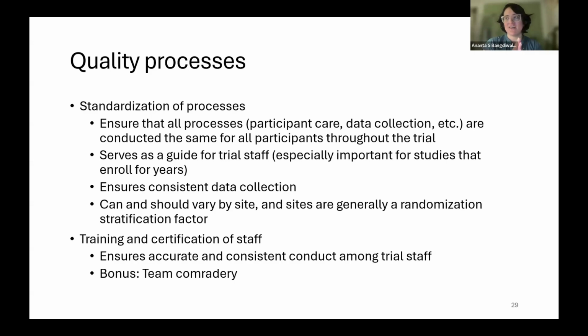When you get that team photo, that team camaraderie, it often happens at trainings at the beginning of the trial, or of course at the study end, at the unblinding, where everybody congratulates themselves for working so hard. But it's really important at the beginning, when everybody comes together and gets trained, because it helps with study conduct, honestly.